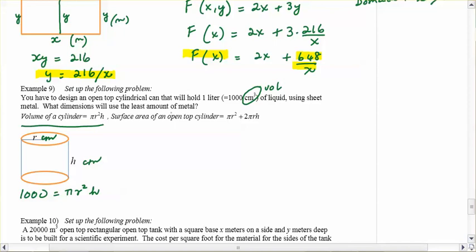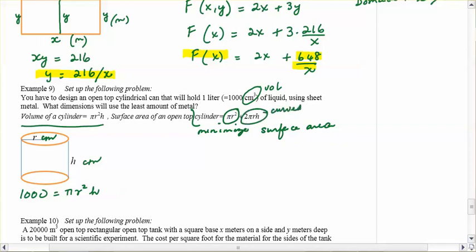Well, the least amount of metal, in terms of the weight of the metal, will be when I minimize the surface area. So my task here is to minimize the surface area. And the surface area of an open top cylinder is pi r squared, that's the bottom, the base, plus the curved surface area.